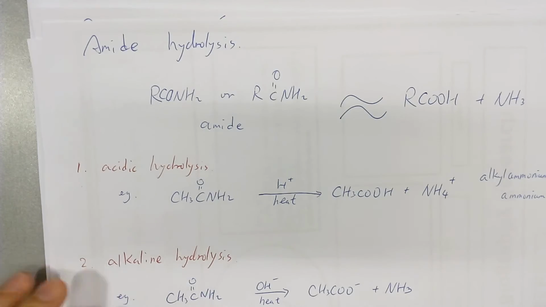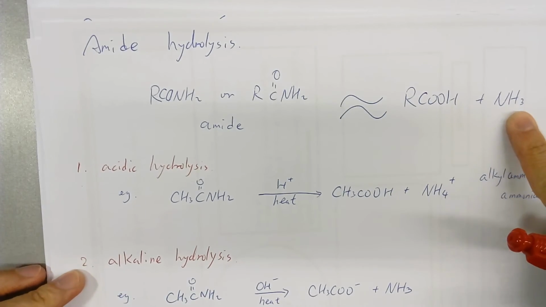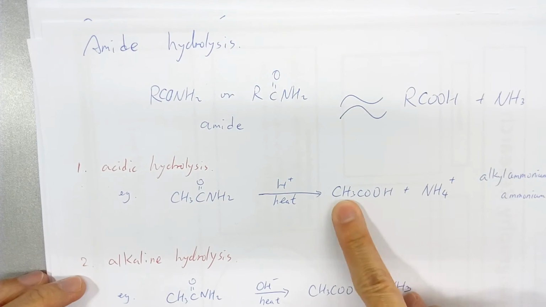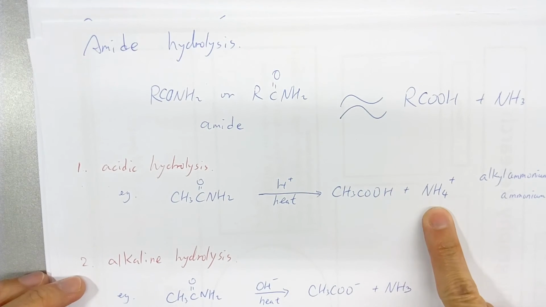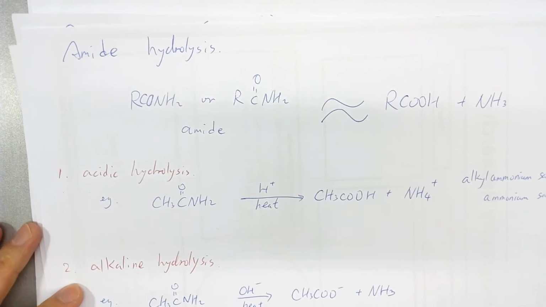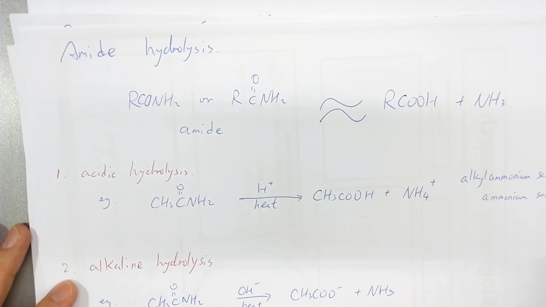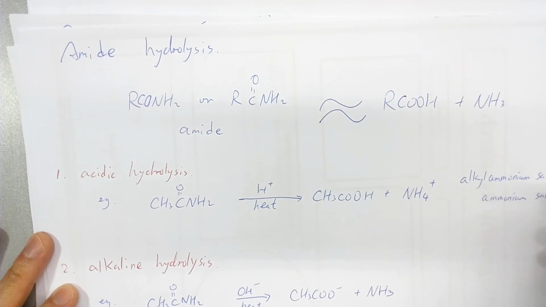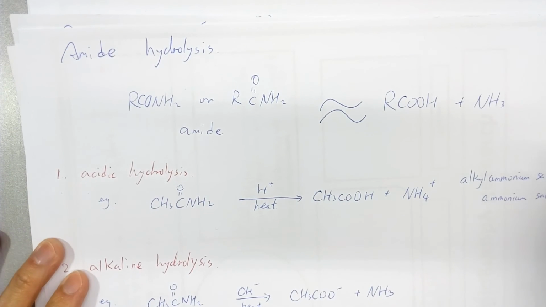In the acidic environment, the ammonia will be neutralized. The carboxylic acid will remain, and the NH3, the ammonia, will be neutralized to form a salt. Okay. Now, in your notes, there's a very special term called alkyl ammonium salt. Well, this is a general name, okay? So if you feel uncomfortable, you can just forget it and use ammonium salt. It's okay.